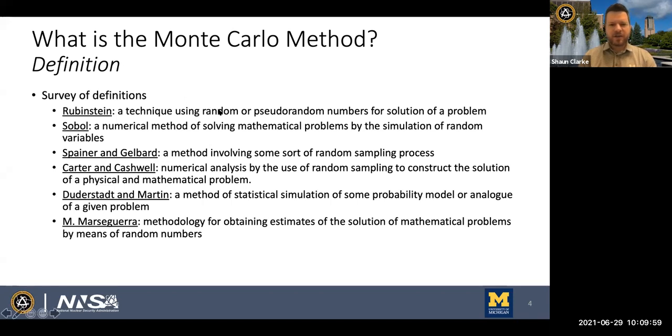Basically, you see the word random popping up a lot. Random variables, random sampling, statistical simulation, probability. Those are all the main ideas that we think of when we talk about Monte Carlo modeling or Monte Carlo sampling.